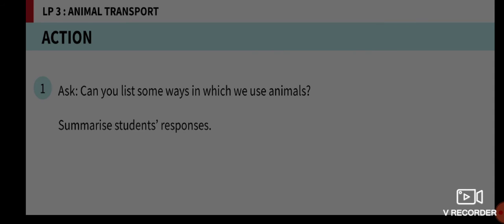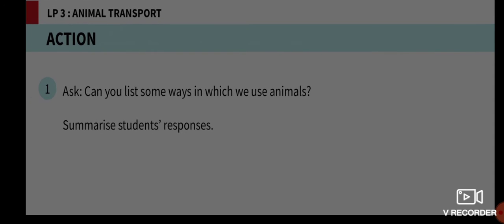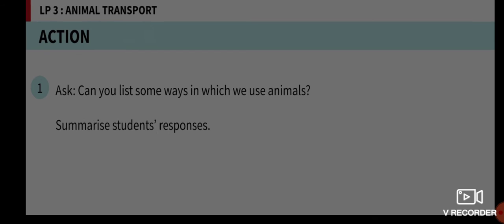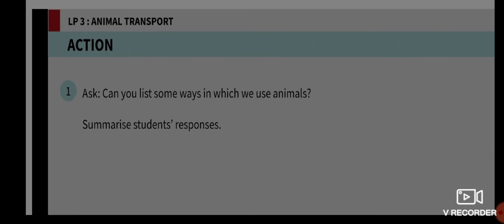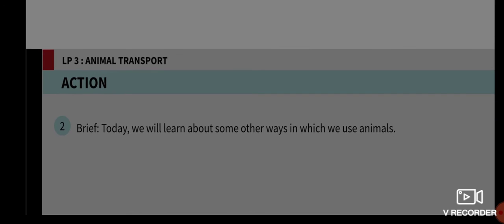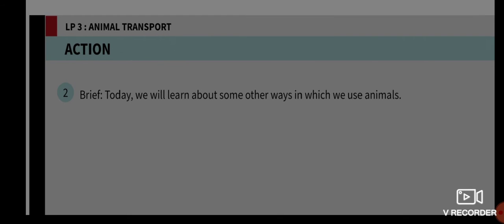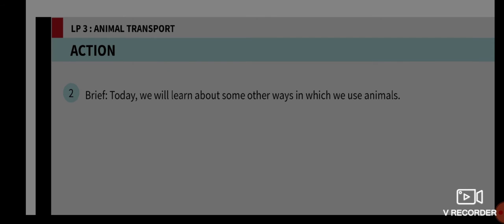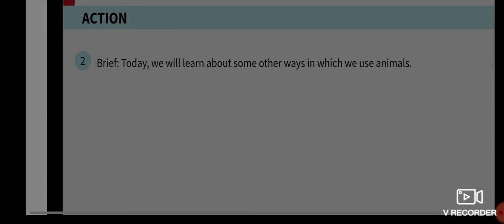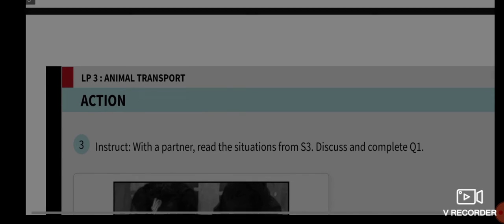So we use different animals to do our work, not only cows. Today we will learn about some other ways in which we use animals.